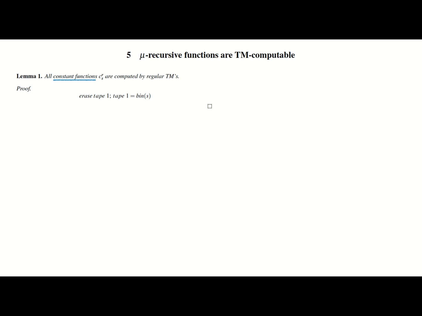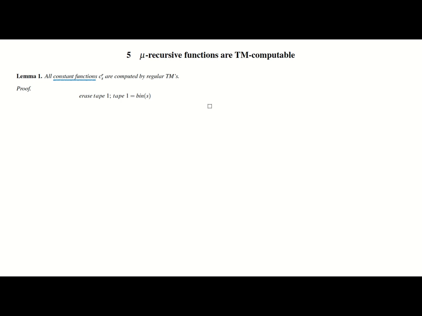The idea is the same here. If I construct a Turing machine that computes constant functions, I construct a Turing machine that computes the successor function, which I already did, by the way, and if I construct a Turing machine that computes projections, what else do I have to demonstrate? Let's say I have these three classes of Turing machines. Then I have to show that if I have two things that are Turing machine computable, then their composition must also be computable by another Turing machine.